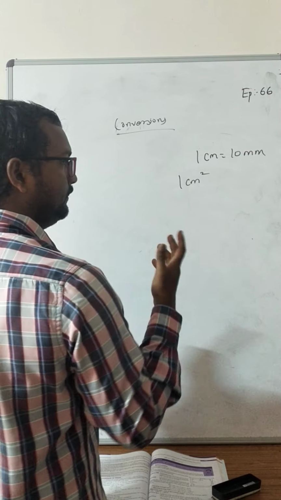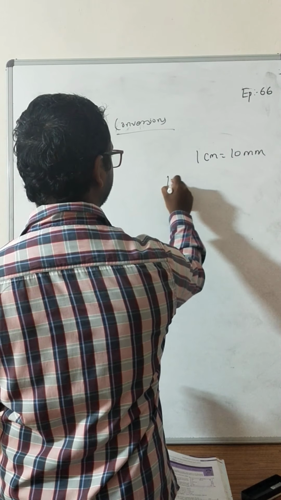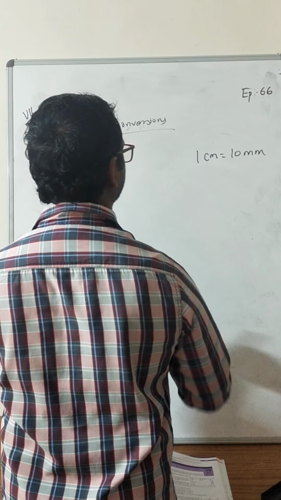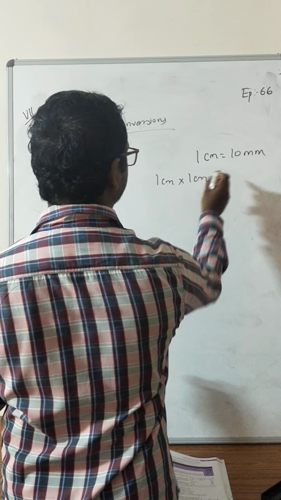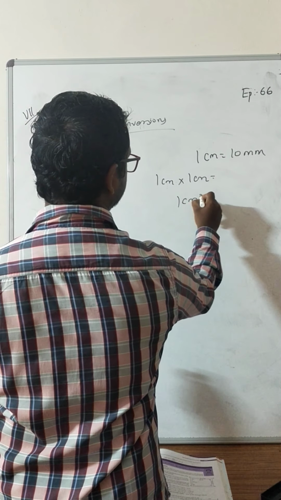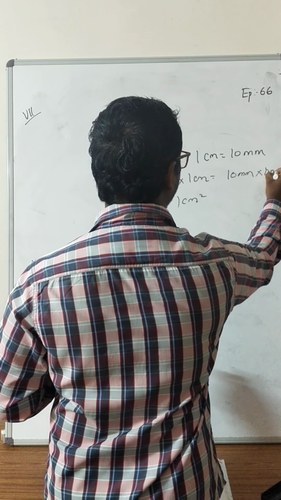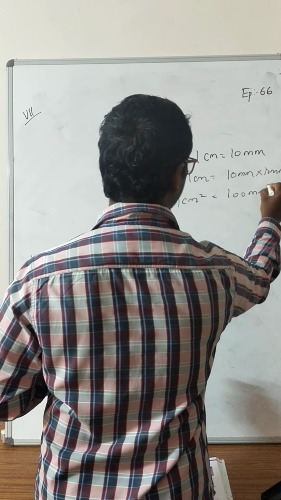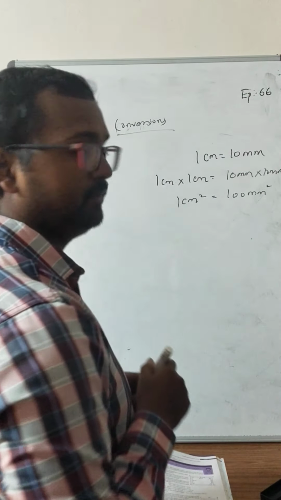That is the first question. 1 centimeter when multiplied with 1 centimeter, we will get 1 centimeter square. Similarly, 10 millimeter has to be multiplied with 10 millimeter. We'll get 100 millimeter square. So 1 centimeter square is equal to 100 millimeter square.